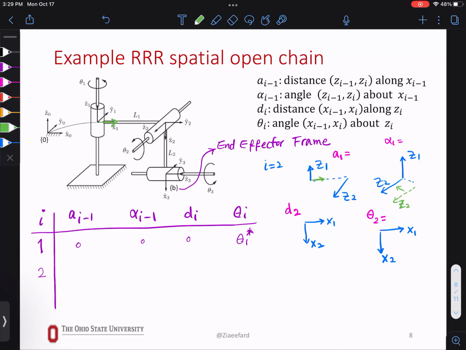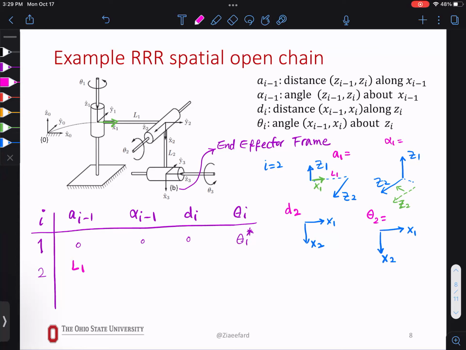So this is my X1. The distance between Z1 and Z2 in the direction of X1, that's the one I found, so that's going to be L1.